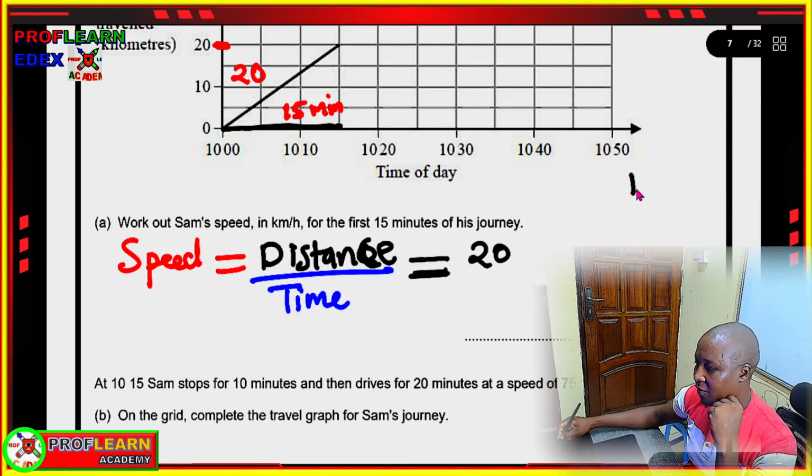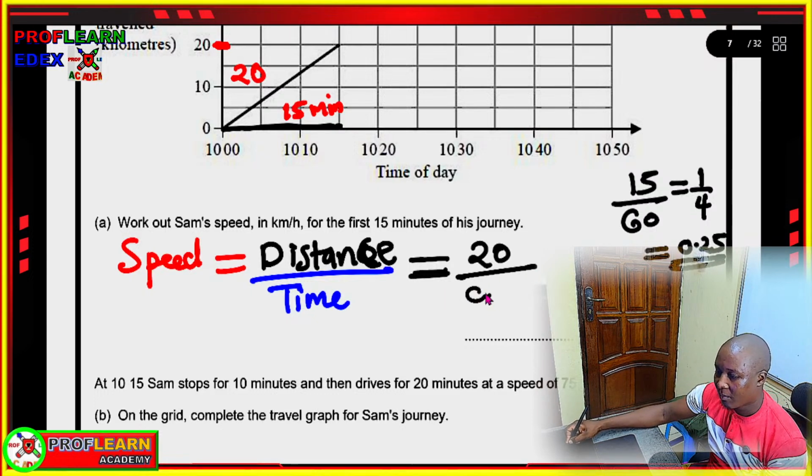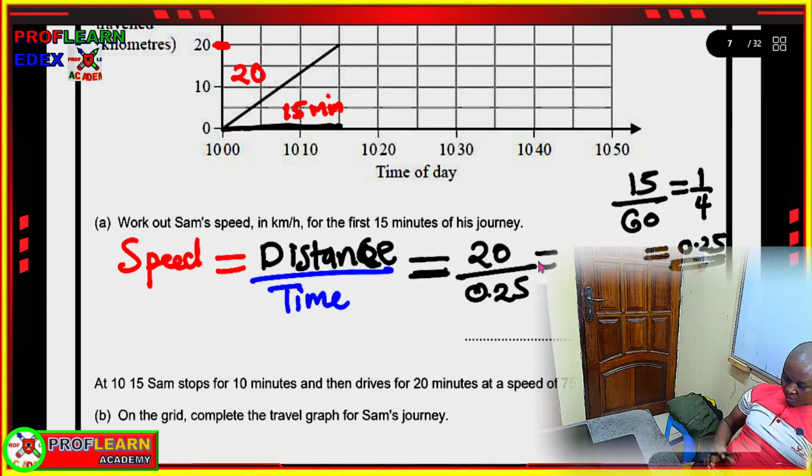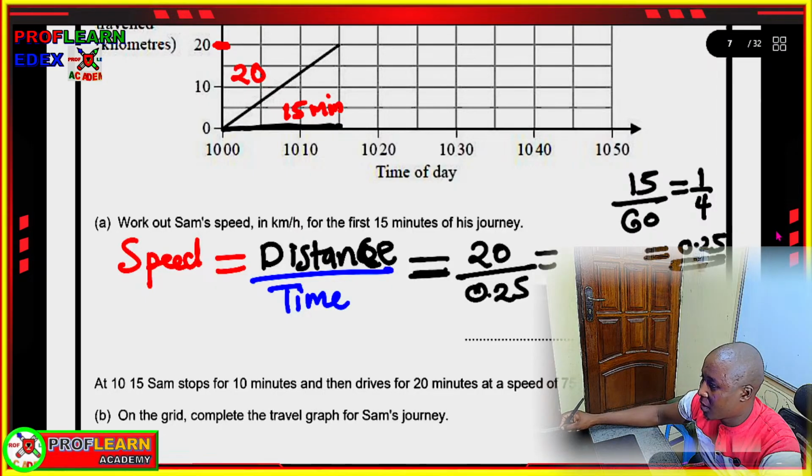So this is going to be 15 over 60, and that is going to be a quarter of an hour, which is 0.25. So we're going to say over 0.25, and if you put that in the calculator, this is 20 divided by 0.25. If you work it out, you are going to get your answer equivalent to 80 kilometers per hour.